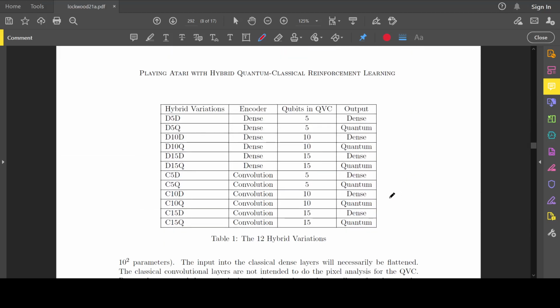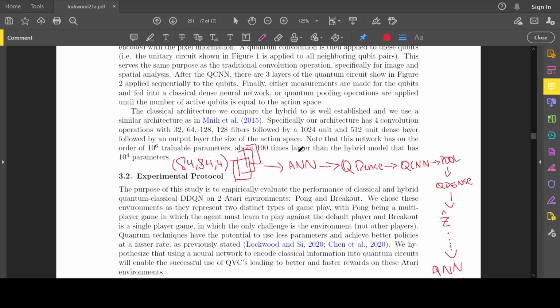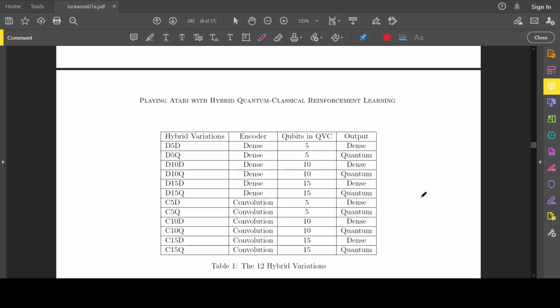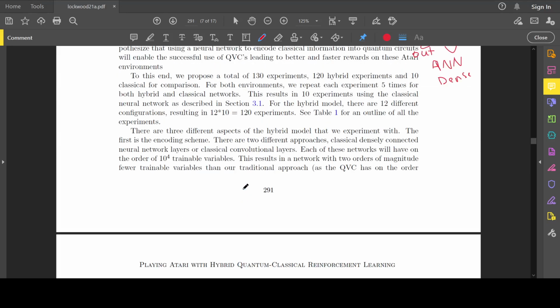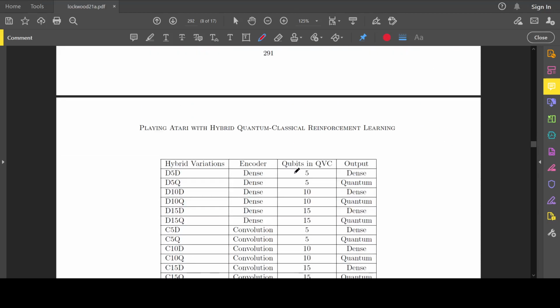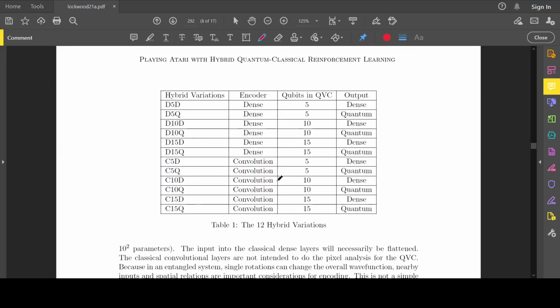For the experiments, you can see the variations. This is what's called the encoder, this is the number of qubits, and this is the output type. So you can see there are two types of encoders here. There's the dense, which is a dense neural network, densely connected layers, and it could be convolutional.